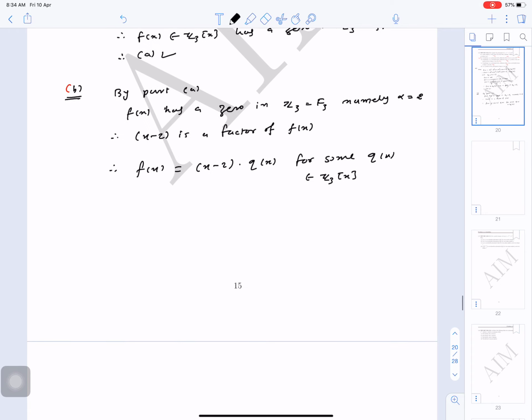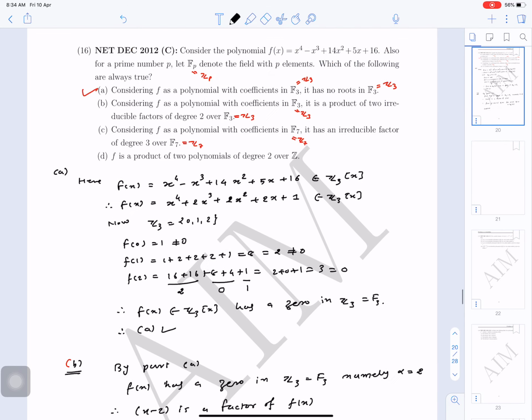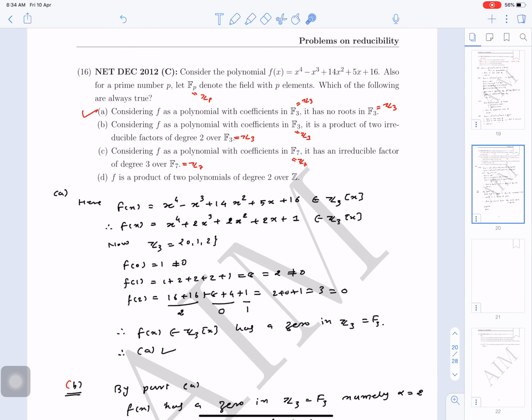Now in option B they claim, let me once more read option B. Consider f as a polynomial with coefficients in F3, and it is a product of two irreducible factors of degree 2 over F3.